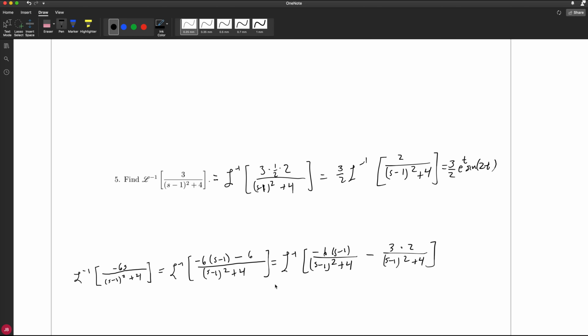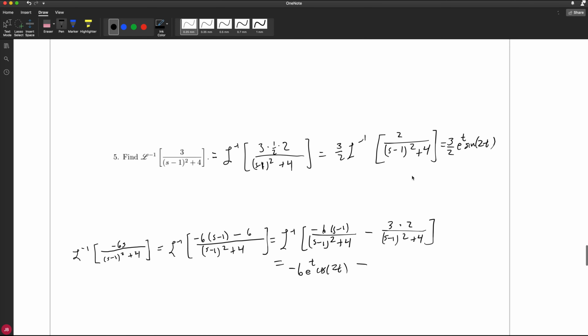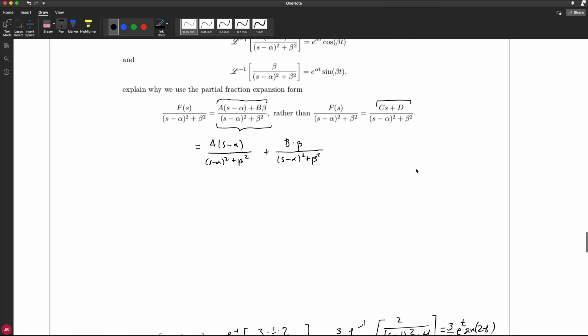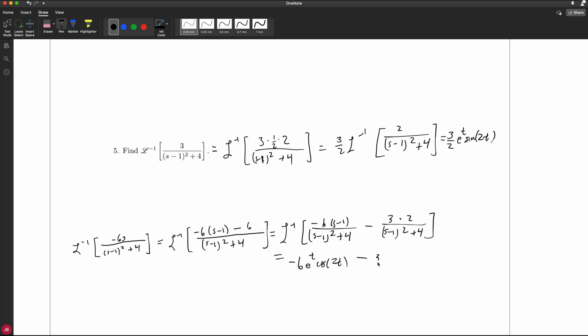And now the inverse Laplace is just the inverse Laplace of each. This one is minus 6 e to the alpha, which is 1, times t, cos beta, which is 2, times t, minus, and now the 2 gets absorbed with the sine identity right here, right? So the fact that beta is 2 gets absorbed, but the 3 does not. So this is minus 3 times e to the alpha, which is 1, times t sine beta t.